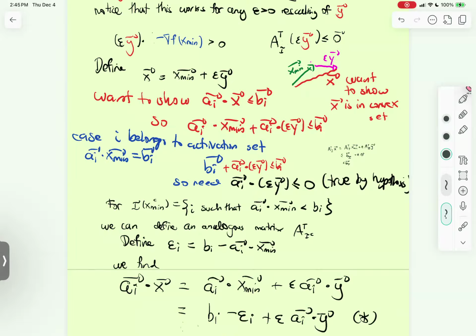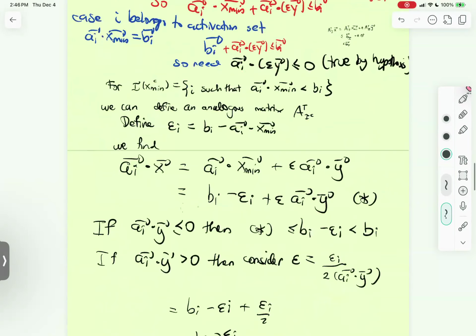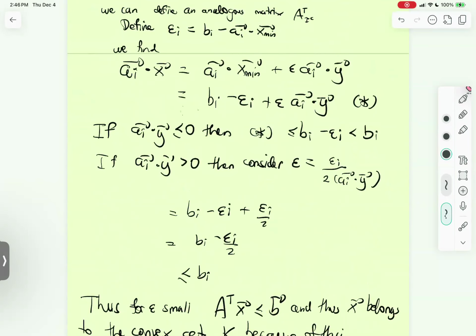This term goes away and you just get BI minus epsilon I, which is less than or equal to BI. So if you take epsilon small enough, this is going to be less than or equal to BI.